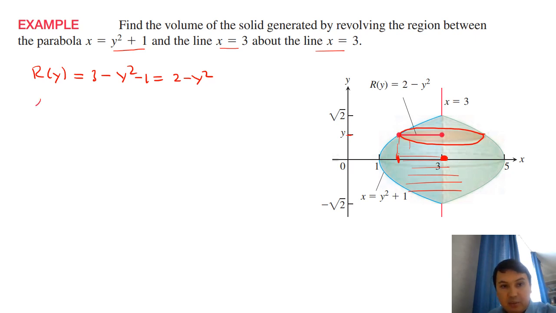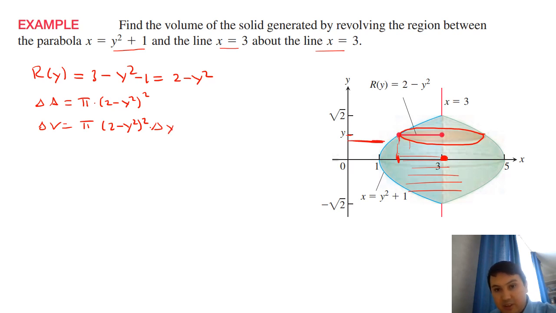Hence, the small area is going to be pi times (2 minus y squared) squared. Hence, the small volume is going to be pi times (2 minus y squared) squared times delta y, not delta x, because I need to thicken along the y coordinate.